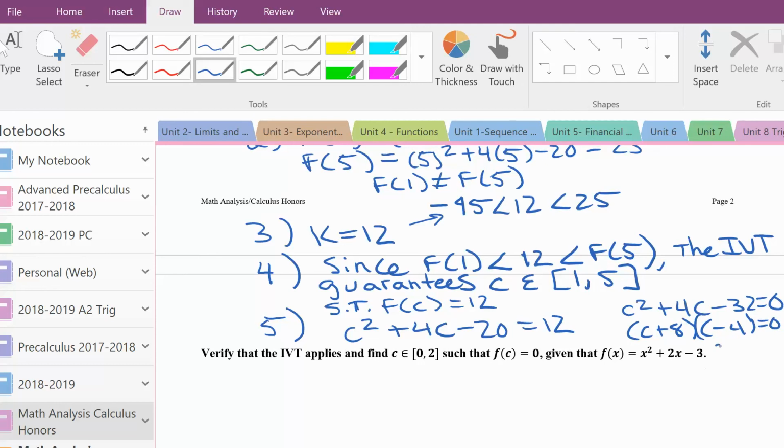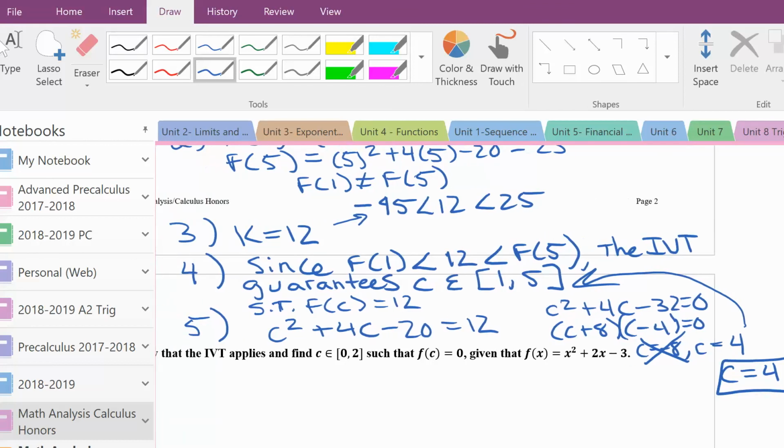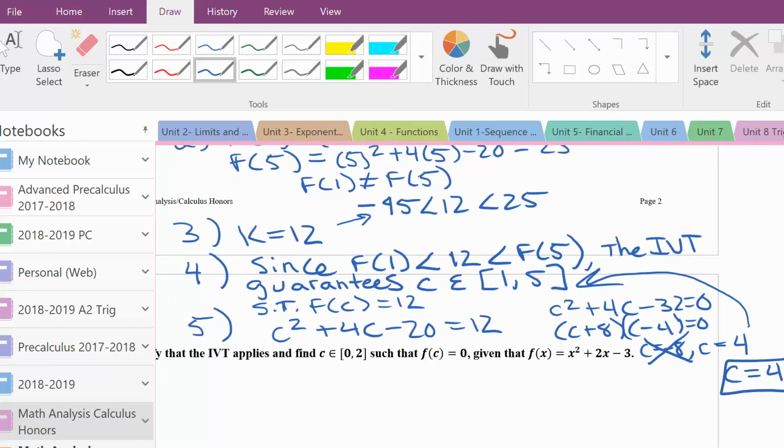So you get C equals negative 8 and C equals 4. Now remember, C has to be between 1 and 5, so negative 8 does not work. So therefore C is equal to 4, because that's the one that's between 1 and 5. All right, let's try the next one.